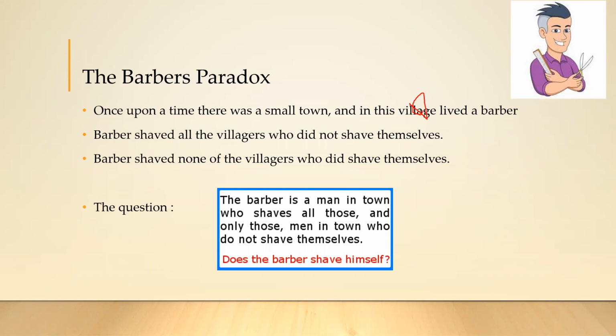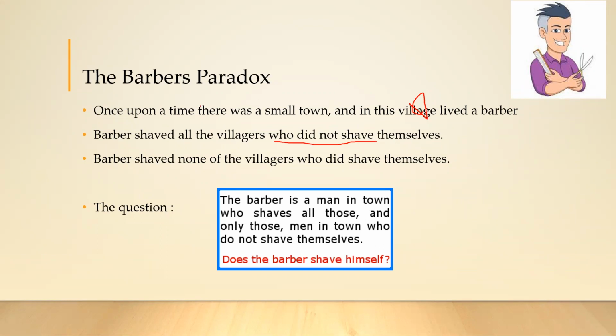Now, you know that a barber does shaving. But this barber does not do shaving for everybody. He only shaves the villagers who do not shave themselves. So in that village, there are people who do shaving by themselves, and then there are people who do not do shaving by themselves.